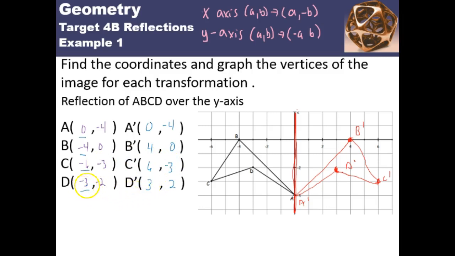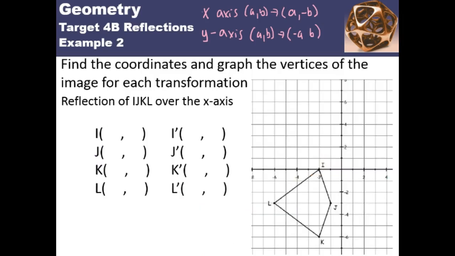And right here, this said negative 3, negative 2, so it should be 3, negative 2. So see, it's a good thing I double check, because I caught my mistake right there. 2 mistakes, right? And then D prime is right here, and that is a point 3, negative 2. So 3, negative 2. So it's correct.